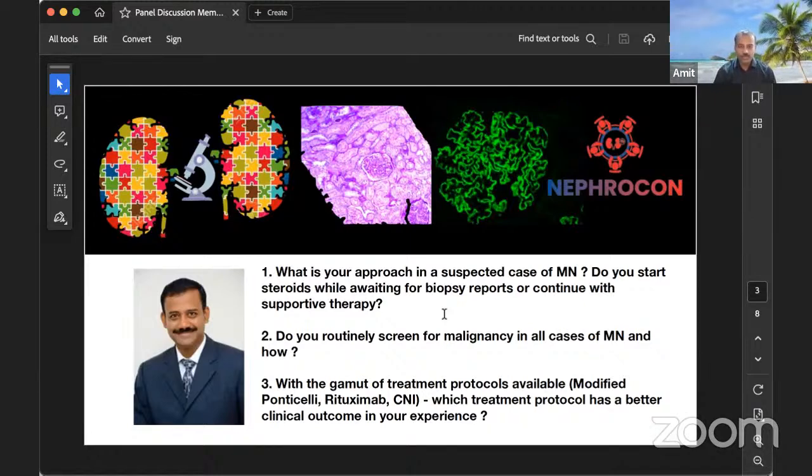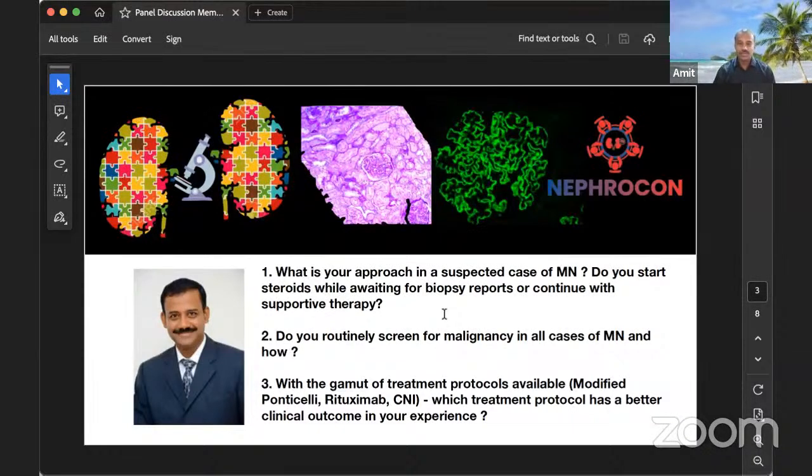If there is a PLA2R positive, I would look for any other possibility of malignancy. If malignancy is detected, then you would go along those lines. But if malignancy is not detected, then you would wait and decide on clinical parameters. The three clinical parameters I use are the severity of nephrotic syndrome, the proteinuria levels, 8 to 10 grams and above, and the decline in GFR and creatinine, whether that's high or low.